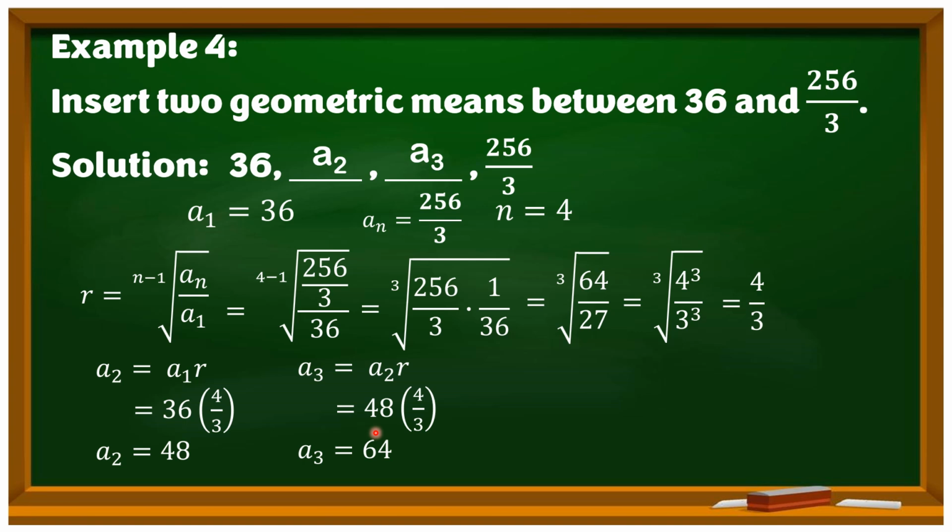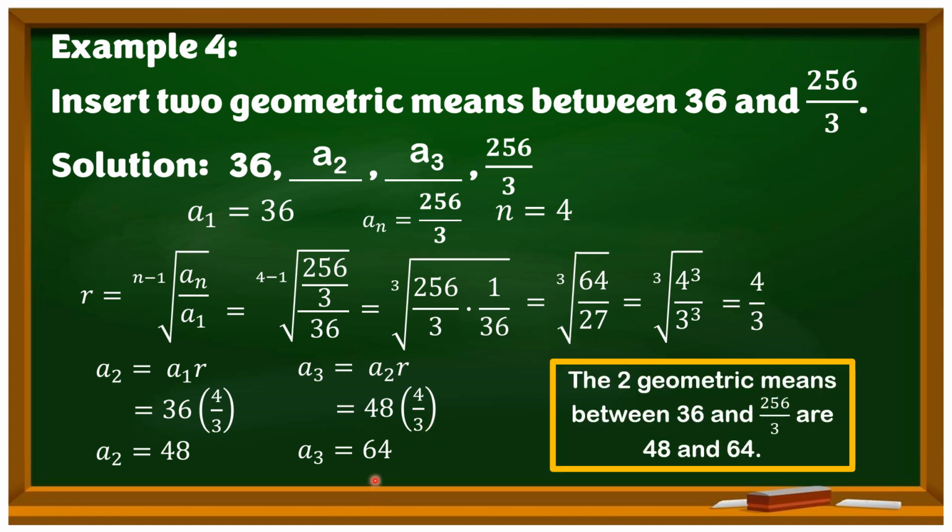So the final answer now is the two geometric means between 36 and 256 over 3 are 48 and 64.